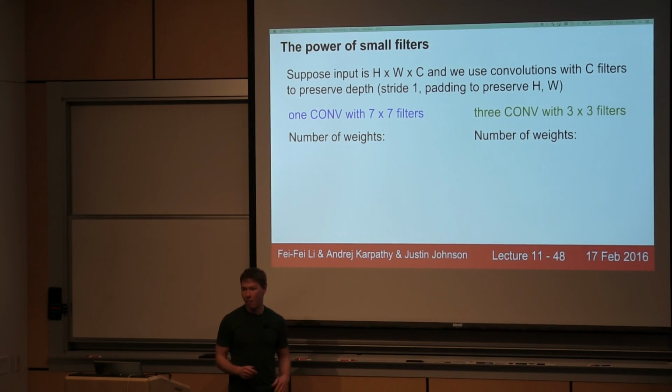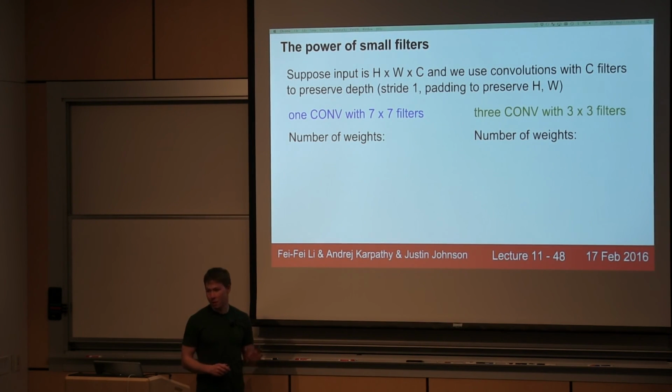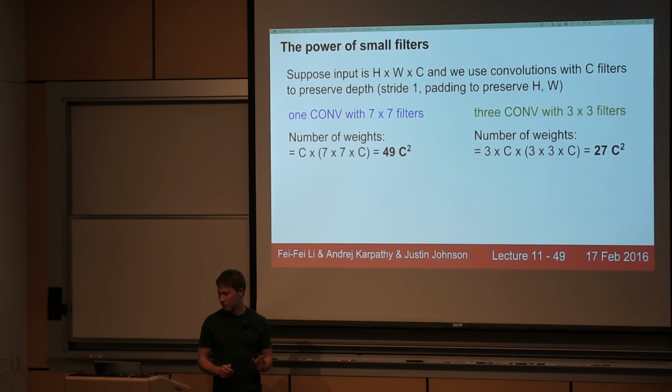So first, how many weights do each of these two things have? Anyone have a guess on how many weights the single 7x7 convolution has? You can forget about biases because those are confusing. My answer was 49C squared, because you've got this 7x7 convolution, each one is looking at a depth of C, and you've got C such filters.